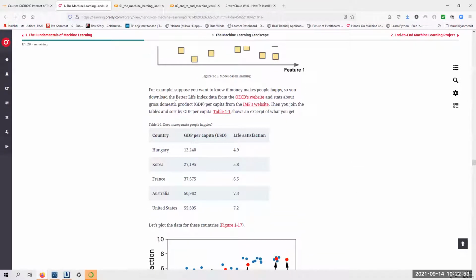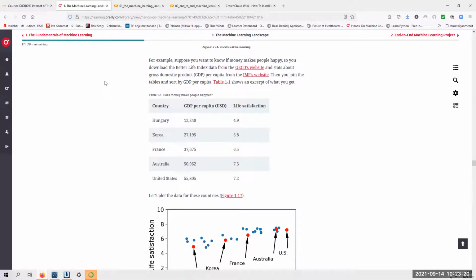And this is the example that is in this Jupyter Notebook. So there is the OECD's website, where the so-called Better Life Index data is, and then stats about the gross domestic product, or GDP, from the IMF's data website. Then these two data sets are joined, and you are interested in these two parameters, GDP and life satisfaction.